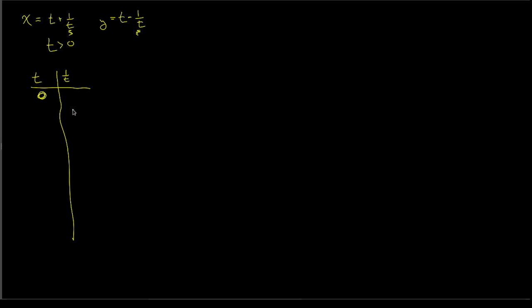So what I want to do is respect this kind of logarithmically. So 1/10 gives me a 10 here. 5/10 gives me a 2 here. 1 gives me a 1. 2 gives me a half. 5 gives me a fifth.